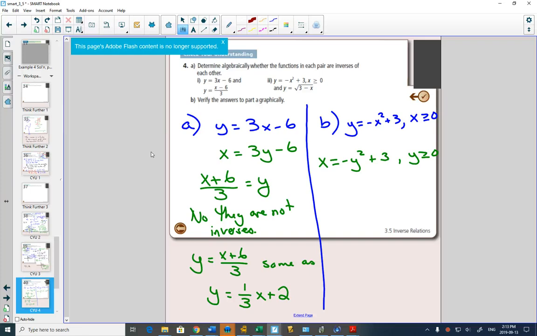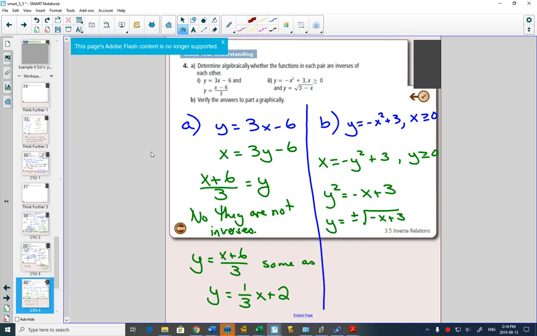Now getting y by itself, I could have y squared equals negative x plus 3, square root both sides. That would give me y equals plus or minus square root of negative x plus 3.